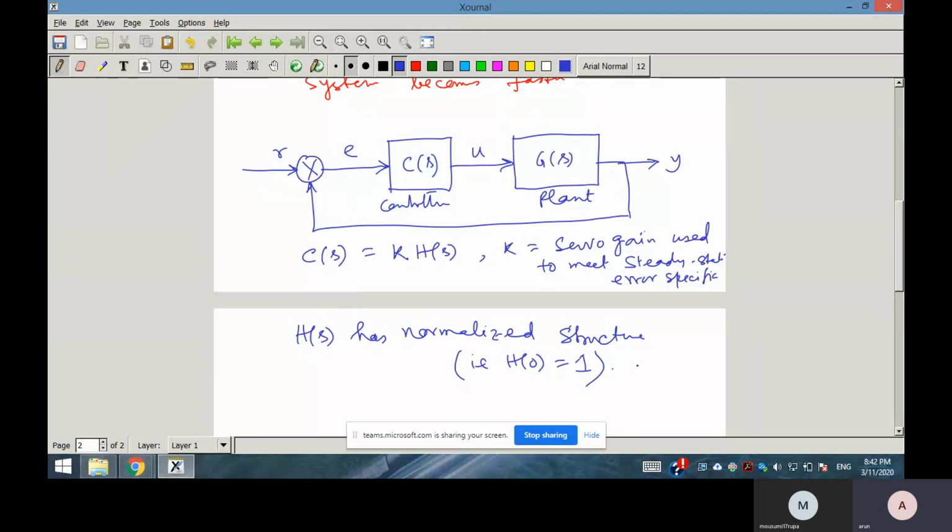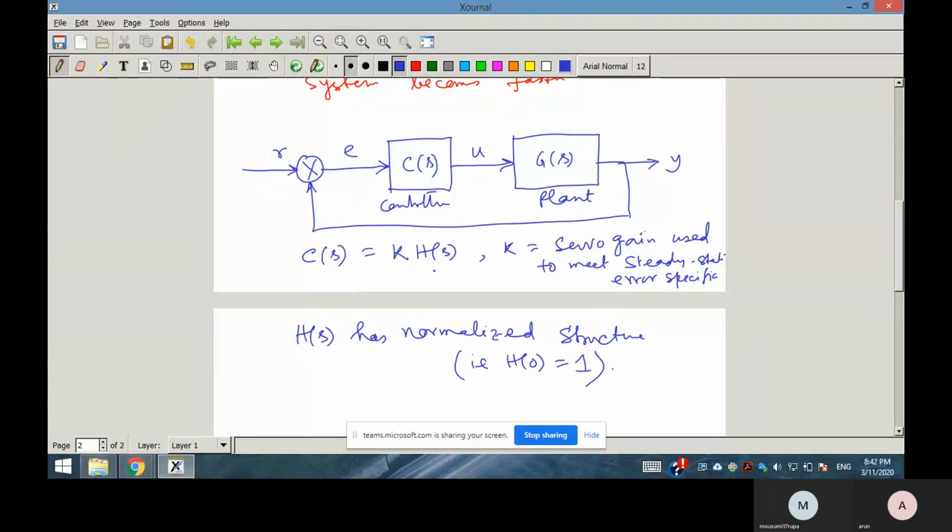Okay, so we will be designing H(s). We will be seeing how to design H(s), because the overall controller design will have two steps. One is based on steady state error specification: we will design K. The design of K and H(s) is decoupled because of this normalized structure.